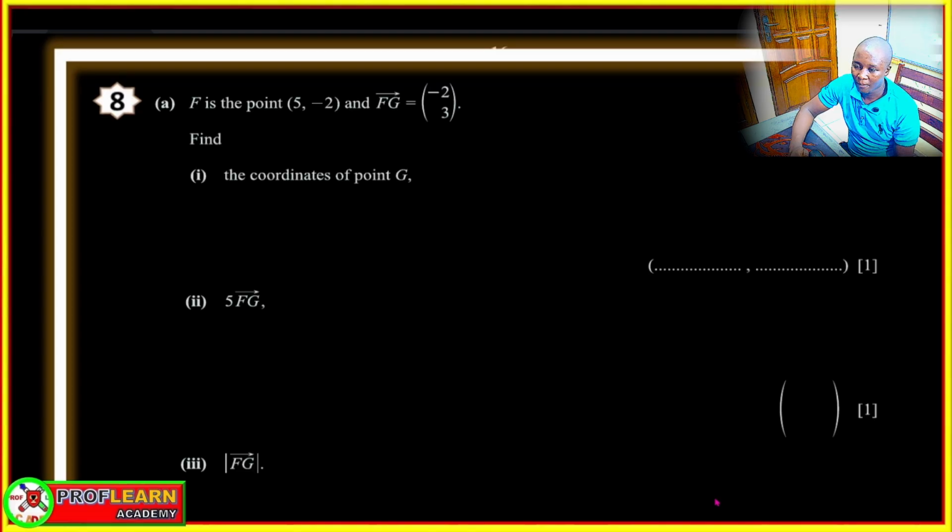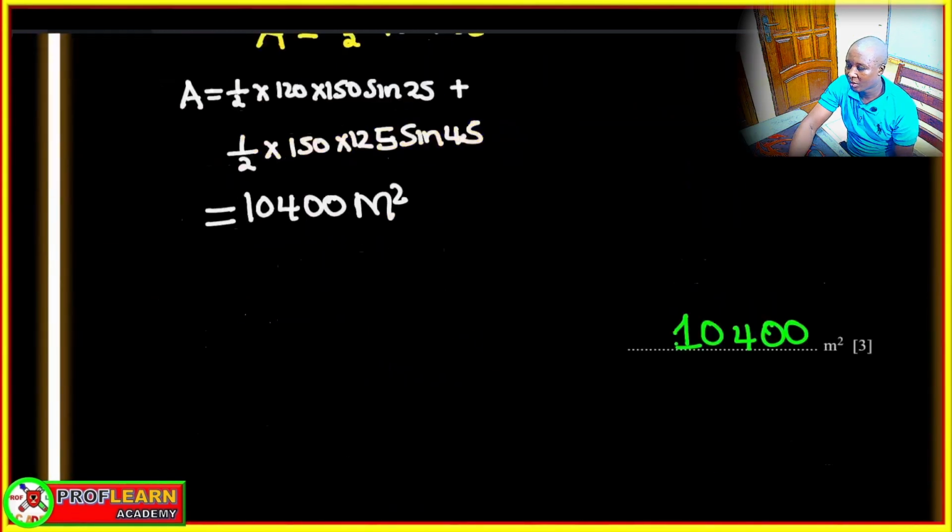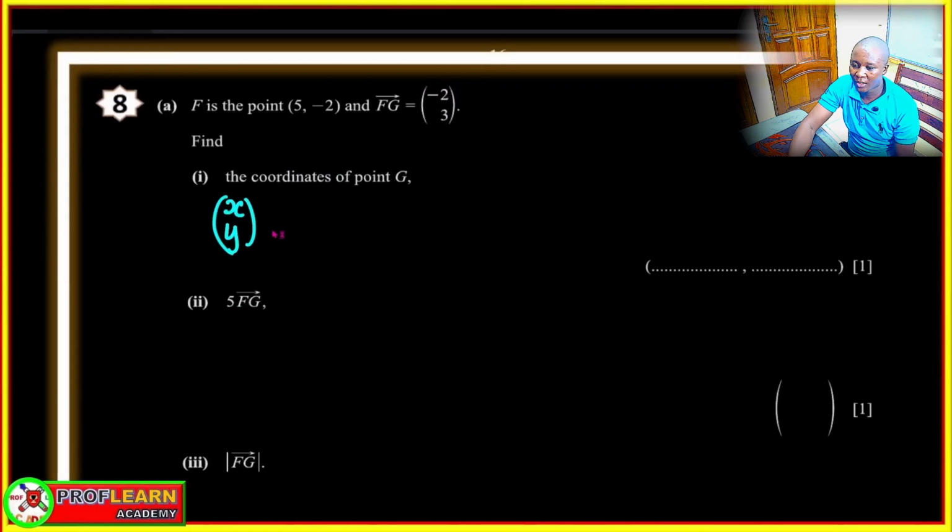Find the coordinate of G. Remember, if you are finding FG, it will be the column vector of G minus the column vector of F. So let the position vector for G, the one that we are finding, be (x, y). Then we say (x, y) minus (5, -2) is equal to (-2, 3).